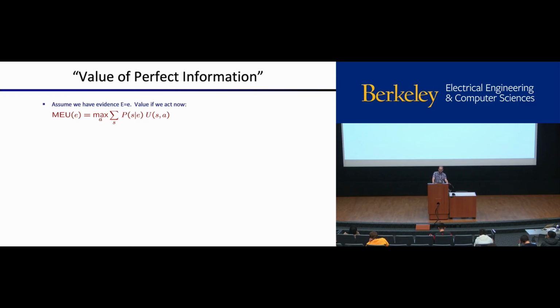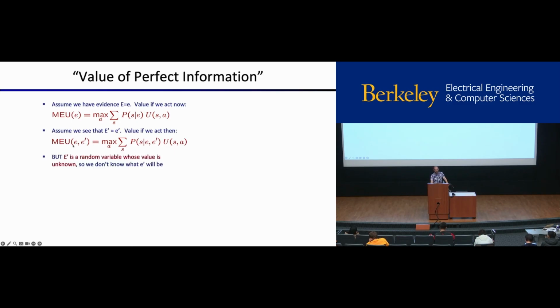Here it is again, the value of perfect information. We consider the maximum expected utility from the evidence we already have. Now assume that we see some new evidence taking some value. The value, if we act then, is written down like this. But E prime is a random variable. We don't know what value it's going to take. We don't know what little e prime will be. So we have to take the expected value if E prime is revealed, and then we act.